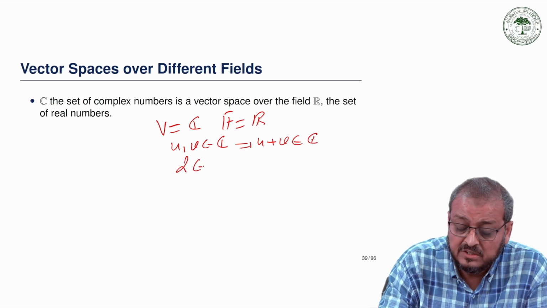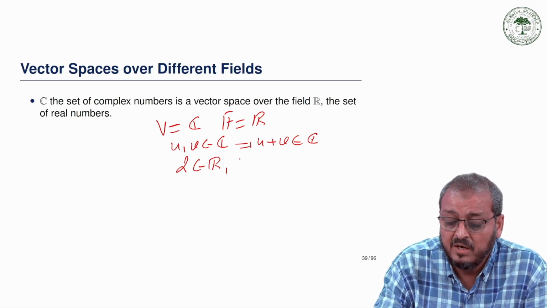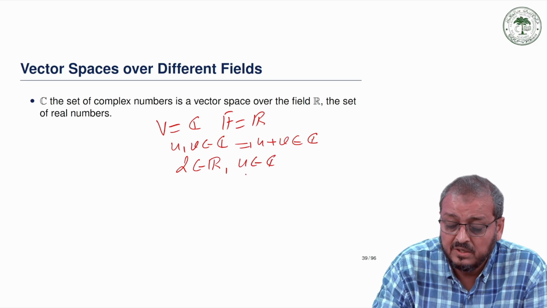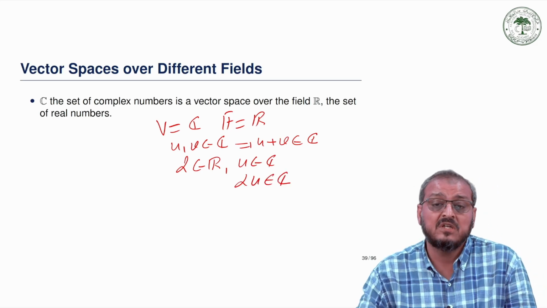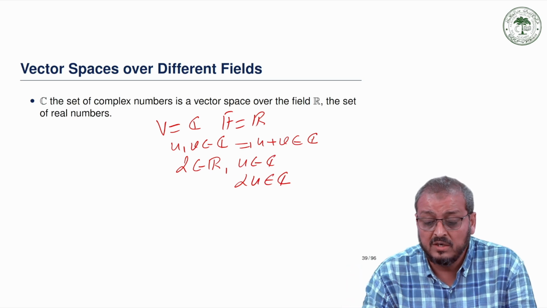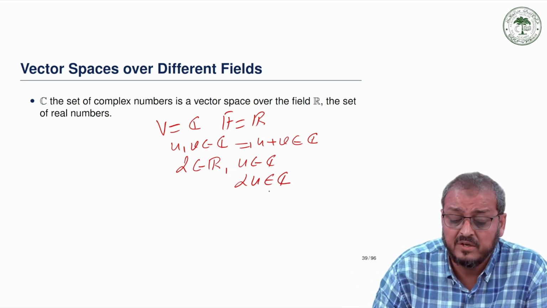If alpha is an element of the field R and u is an element of the complex numbers, then alpha u again belongs to the complex numbers, so this is closed under scalar multiplication.